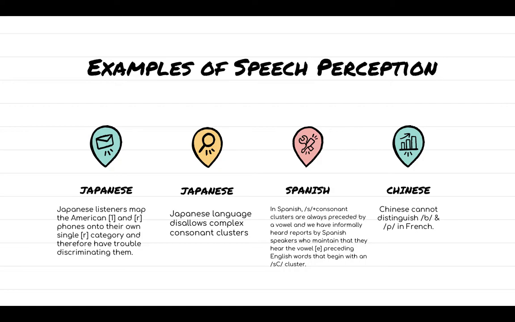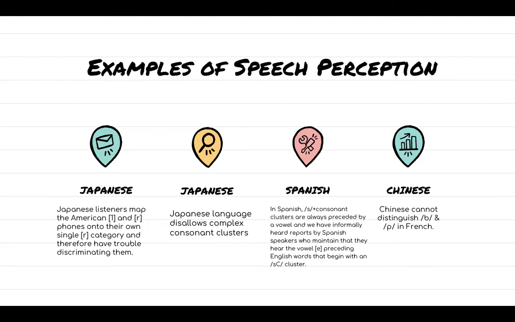So, for example, right and light, or red and lead, or road and load. For Japanese speakers, these 3 pairs sound the same. They cannot distinguish them because of their language system. So let's look at the second example. It's also a Japanese problem.